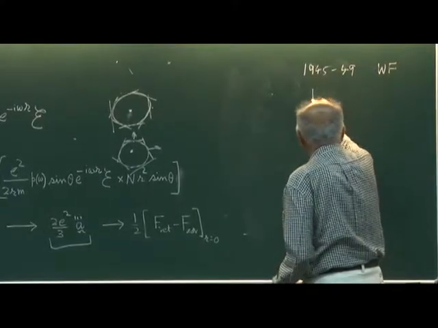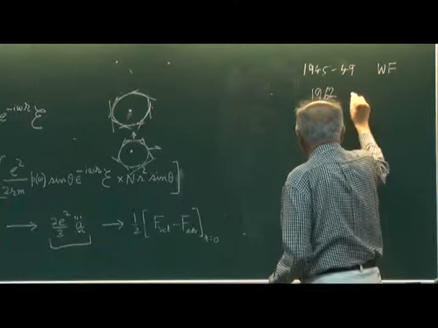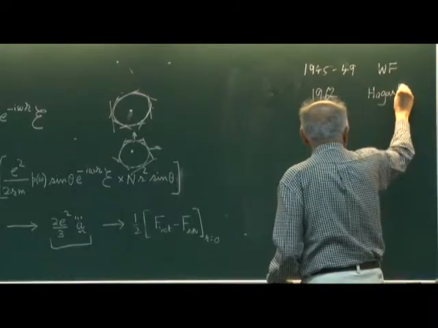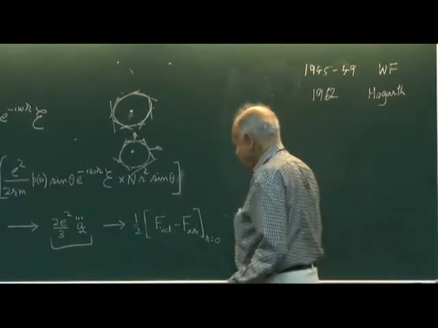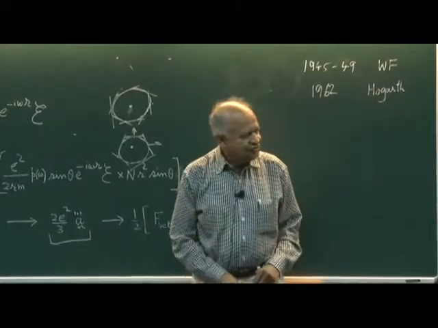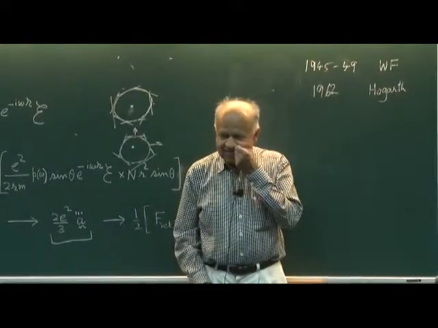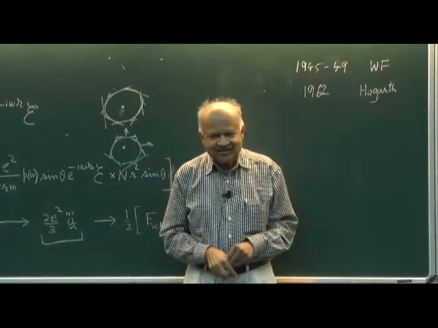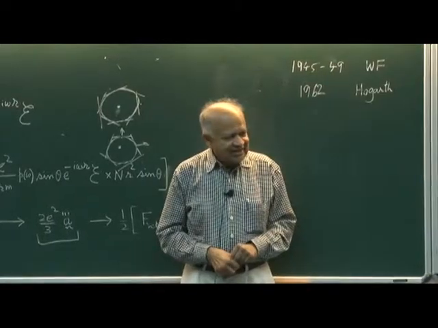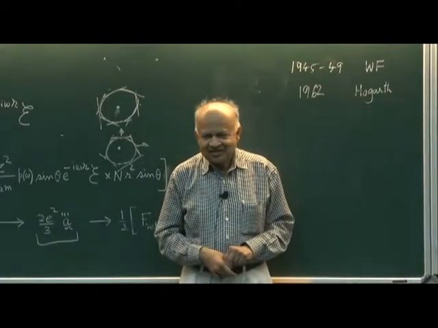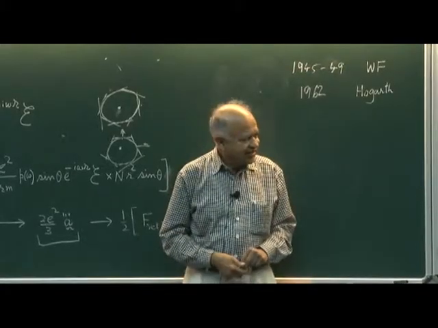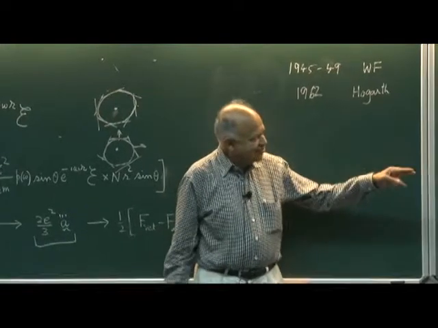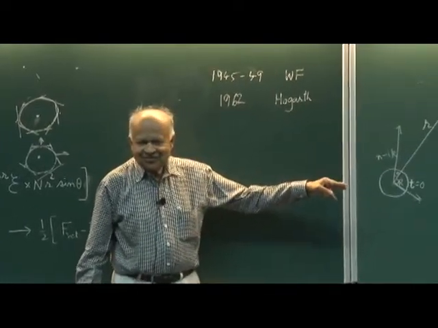Then in 1962, a Canadian scientist, Hogarth, who was a student of Bill McRae, a British cosmologist in the 60s, carried out an idea of McRae's: all the calculation that we did was in a static universe.